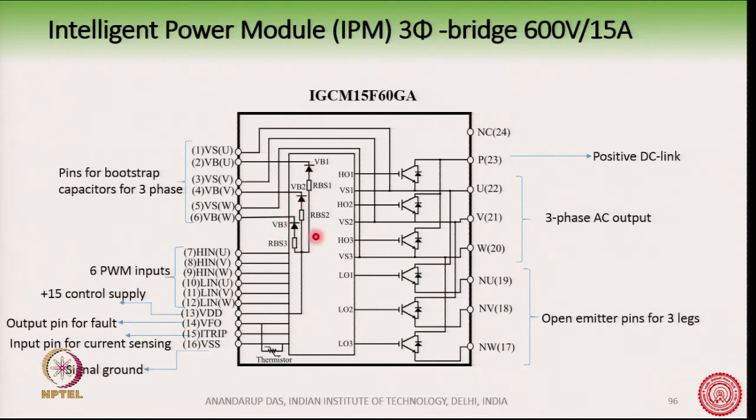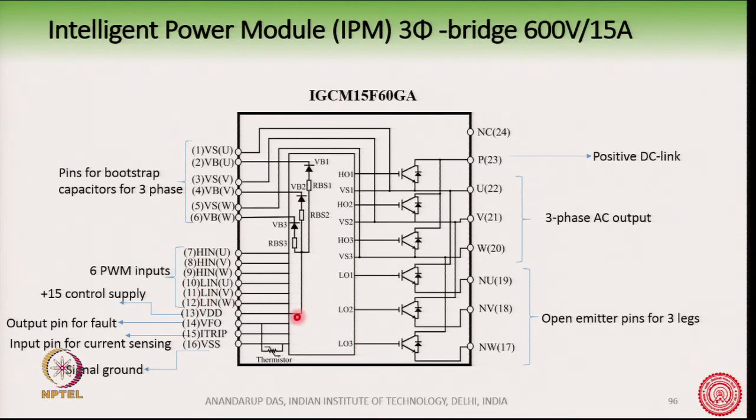Here you can see that the bootstrap diode as well as the resistor is already given inside this IPM, and all you have to do is add the capacitor. Then you apply the PWM pulses to these 6 devices. The gate driver is inside, so you just apply the PWM input from the microcontroller.